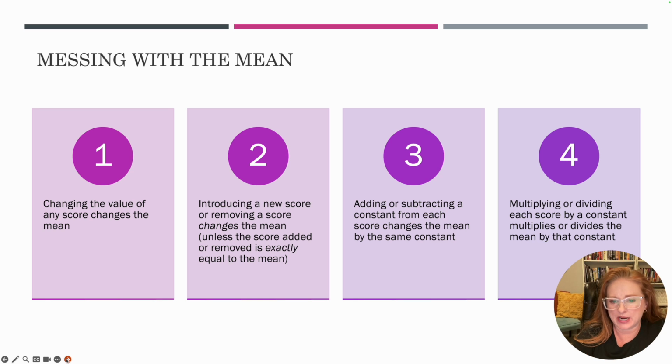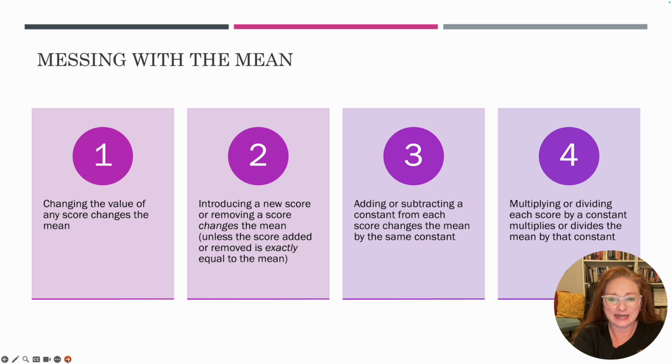Okay, adding or subtracting a constant from each score changes the mean by that same constant. So if you go back through and say, I'm going to add a half a point to everybody's score because I lopped off part of the question so you really couldn't see it, and that was the printer's fault, so I'm going to just give everybody half a point.